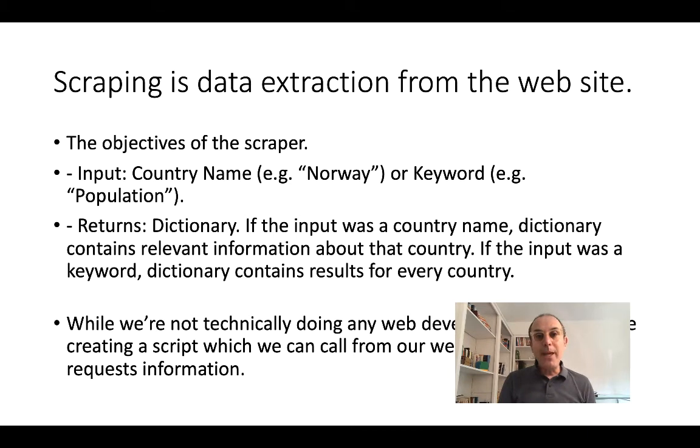So scraping is data extraction from a website, where you can take the data, for example by country name or keywords or directory, in order to extract the data from it.